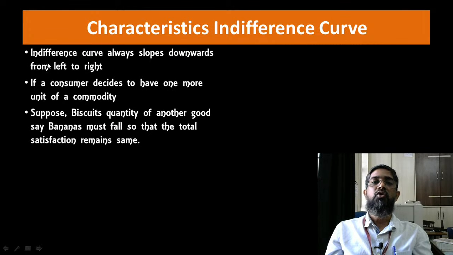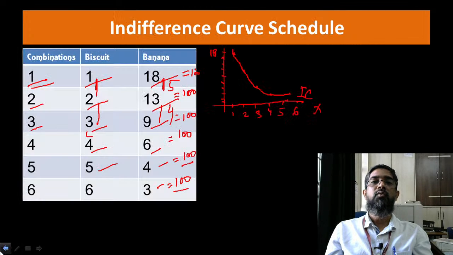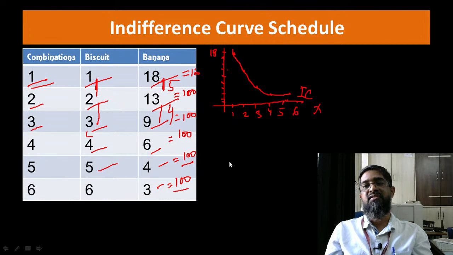So that's why the indifference curve will be sloping downward. If you want to acquire one extra unit of biscuit, you need to forego the banana. So 5 units of banana you are foregoing for acquiring one biscuit. So if you plot this diagram, you will get a downward sloping indifference curve from left to right.